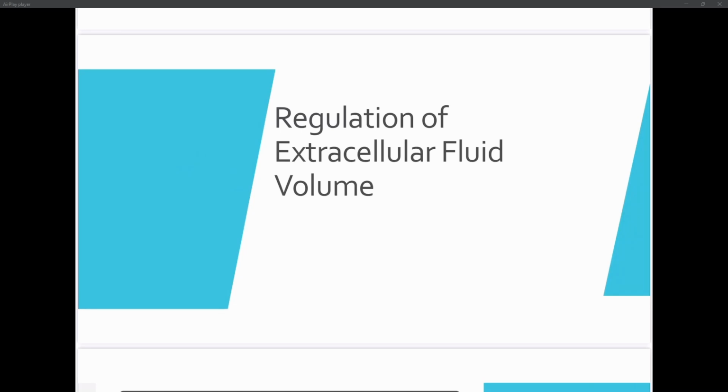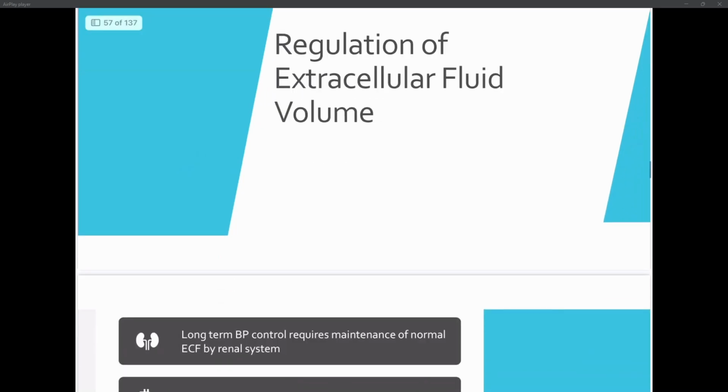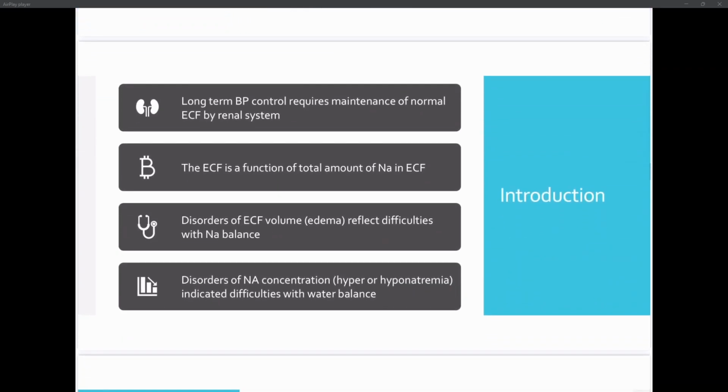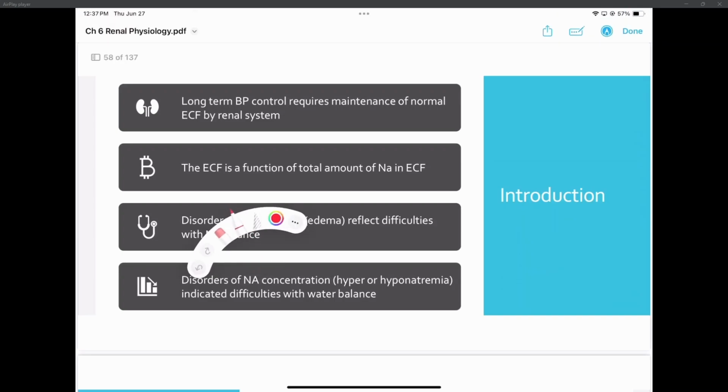Now let's talk about how we actually regulate our extracellular fluid volume. Remember, the main homeostatic variable for the kidneys is extracellular fluid. So, therefore, that's going to have an effect on your blood pressure.